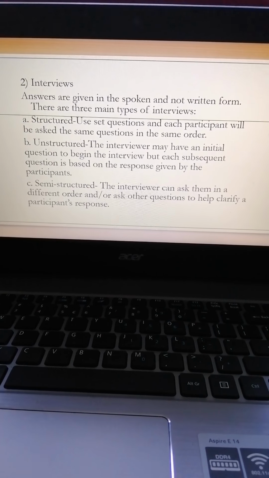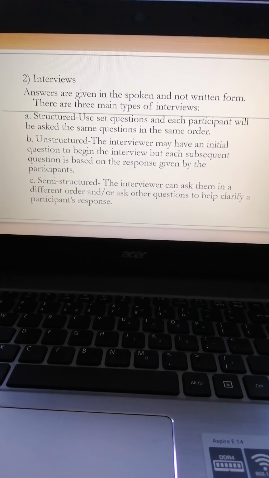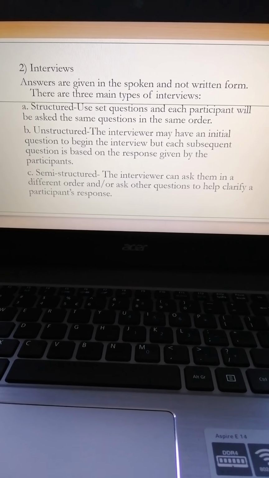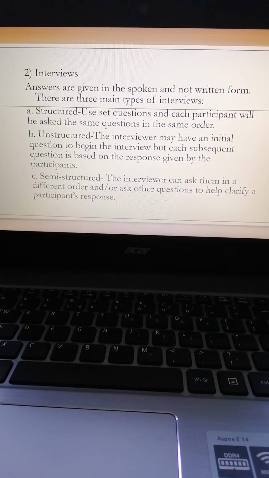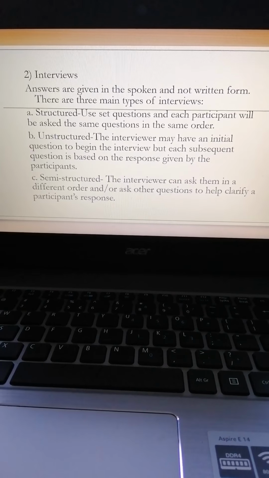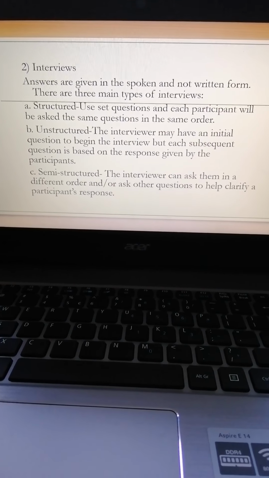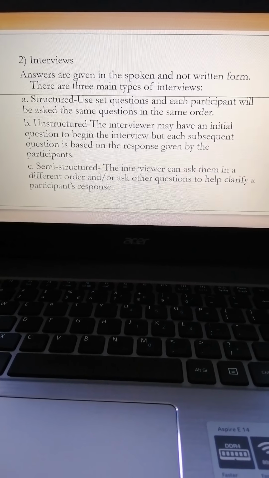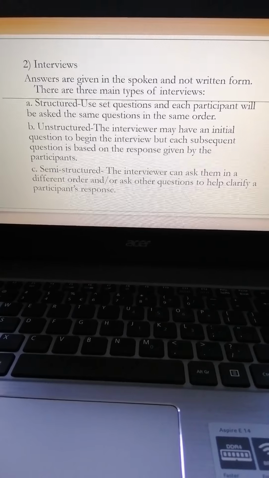Unstructured interview is when the interviewer may have an initial question to begin the interview, but each subsequent question is based on the response given by the participants. For example, I am interested to identify about learning technique adopted by the participants. So my first question will be, what is the best learning technique that you have used so far?